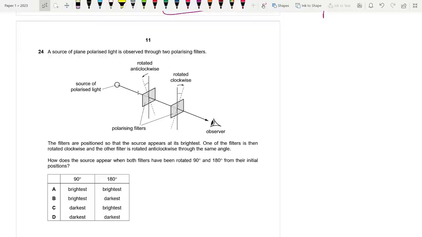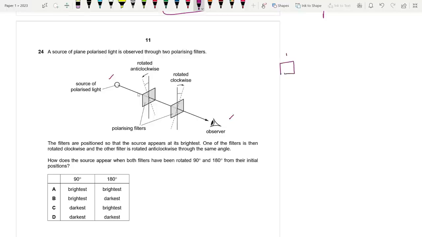A source of plane polarized light is observed through two polarizing filters. Fine. So this is the source and we are observing it at this end after it has passed through two polarizing filters. The filters are positioned so that the source appears at its brightest. One of the filters is then rotated clockwise. Okay, so initially what was up?